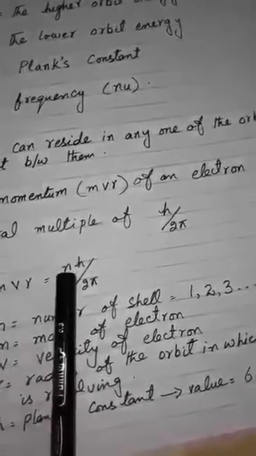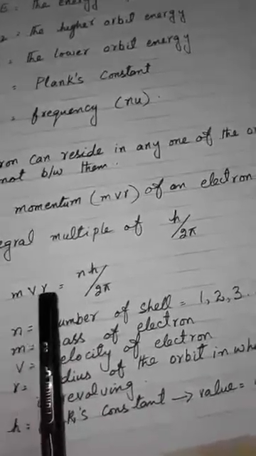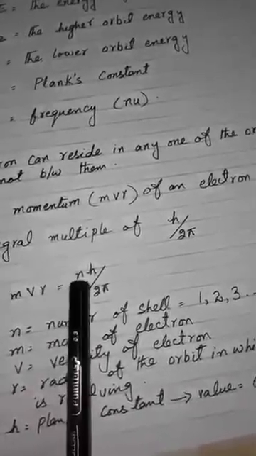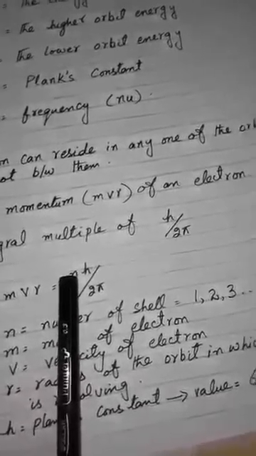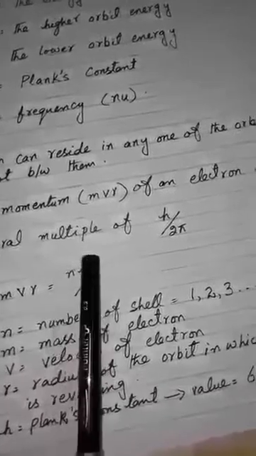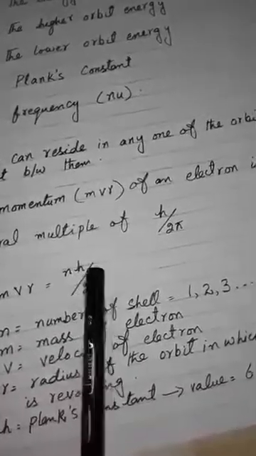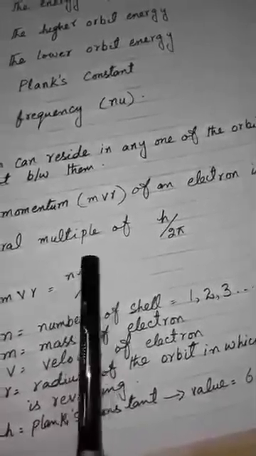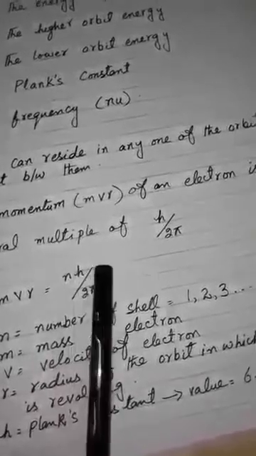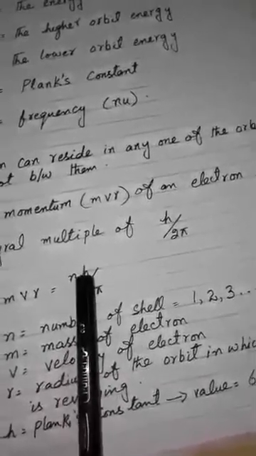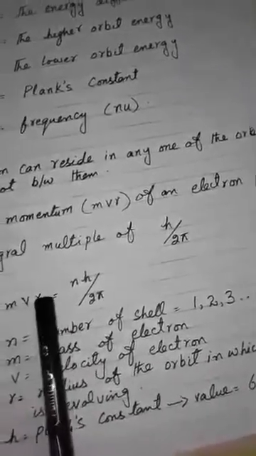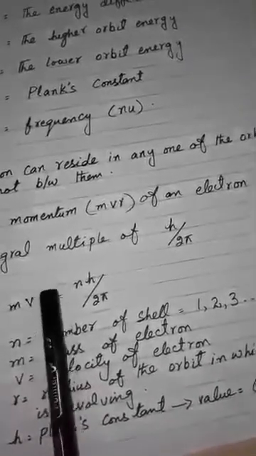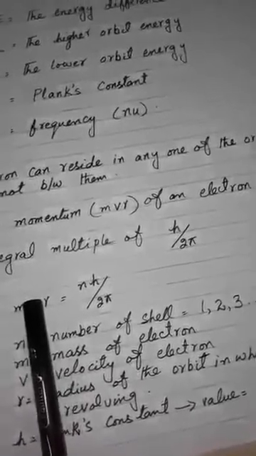If we are taking the angular momentum of the electrons residing in the fourth shell, then we will take n as 4. We will multiply h divided by 2 pi with 4, and it will certainly have much higher value than the angular momentum of the electron residing in the third, second or first shells.